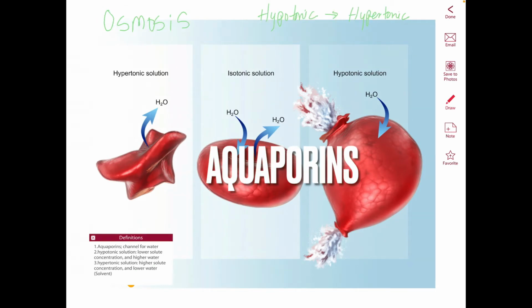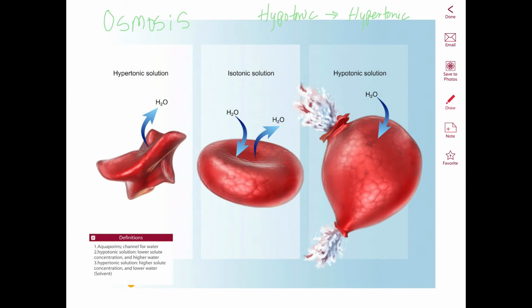However, water is freely passable through special channels called aquaporins, and for that I wrote the definition here at the bottom. And aquaporins will allow water to diffuse from the side with a lower solid concentration, which is the hypotonic solution, towards the side with the higher solid concentration, which is the hypertonic solution, in an attempt to reach equilibrium by diluting the hypertonic solution.